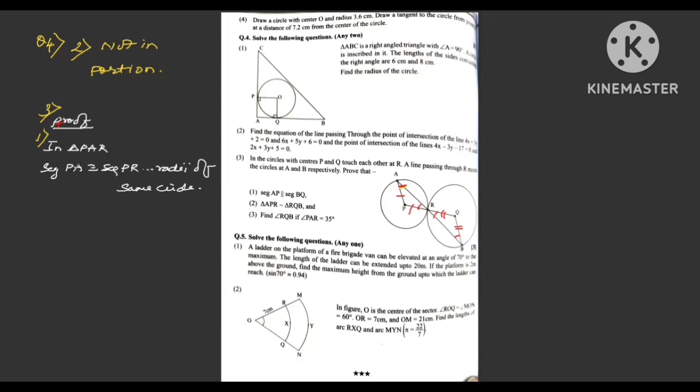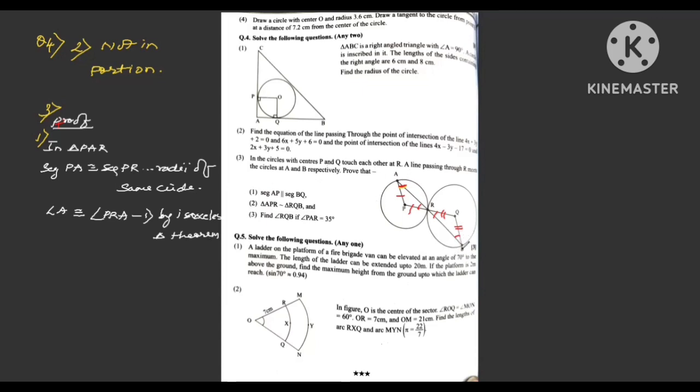That means triangle PAR is an isosceles triangle, two sides are congruent. So angle A is congruent to which angle? Angle A is congruent to angle PRA. I call this 1, by the isosceles triangle theorem. Now A is congruent to PRA.